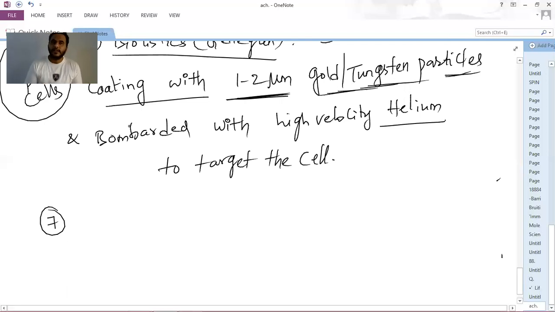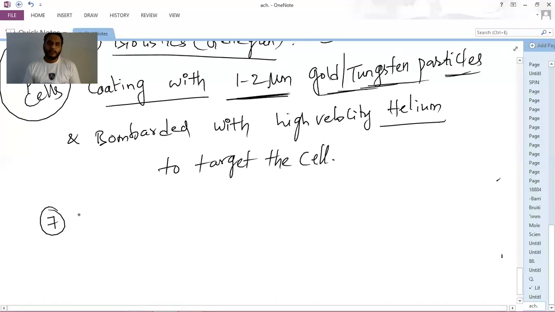The third method is biolistics, or the gene gun method: the rDNA is coated with 1 or 2 micrometers of gold or tungsten particles and allowed to collide with high velocity helium particles to target the cell so that rDNA enters into the cell. So these all are non-vector mediated techniques.